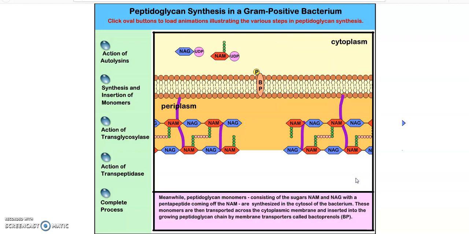Next, our precursors to NAG and NAM get attached to bactoprenol. Remember, bactoprenol is that lipid. It's going to transport our NAG and NAM to the periplasm, the space outside of the plasma membrane where the cell wall is located. It's like placing a patch over a hole in your jeans.